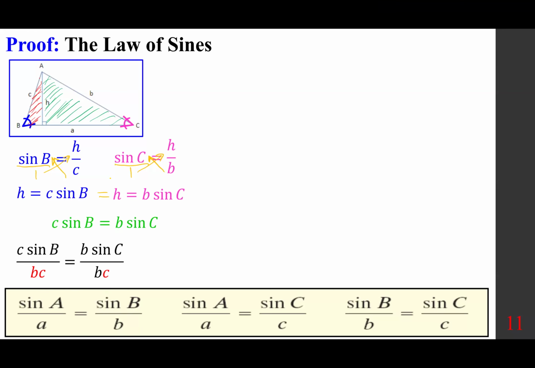Let's divide both sides by bc. If you divide by bc, this one drops, this one drops. We get sine B over b equals sine C over c. We prove this one.